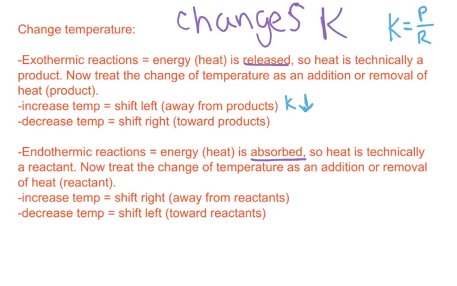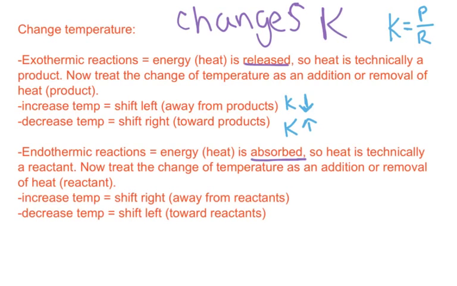And then the opposite happens when we decrease temperature of an exothermic reaction. If you decrease temperature of an exothermic, the products are now increasing, so the top number of my K value is going up, so the K value is also increasing.